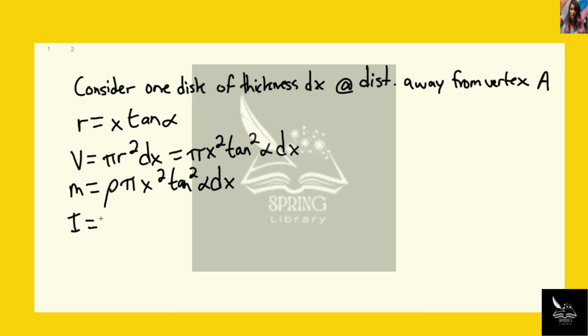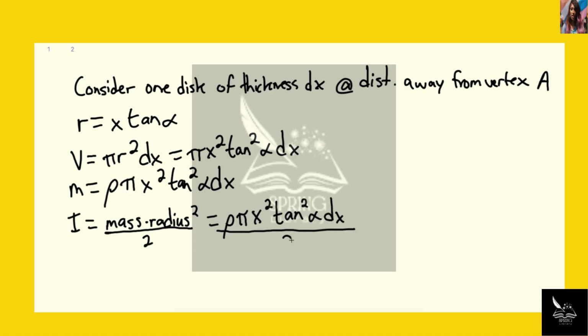The moment of inertia of this disk is going to be the mass times the radius squared divided by 2. If this is true, we can plug in for our mass, and we have rho pi x squared tangent squared of alpha dx all over 2 times x tan of alpha squared.